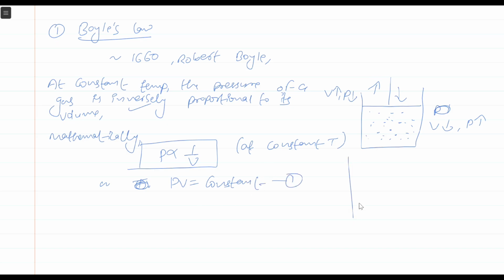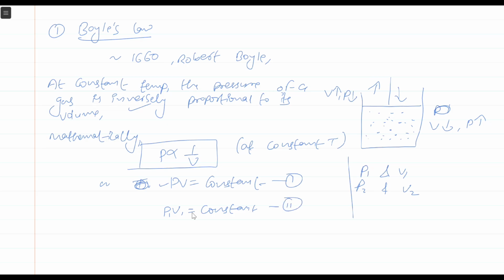Now let's consider two cases: pressure P1 at volume V1 and pressure P2 at volume V2. Then this equation becomes P1 V1 equals constant, when the pressure is P1 and volume is V1.